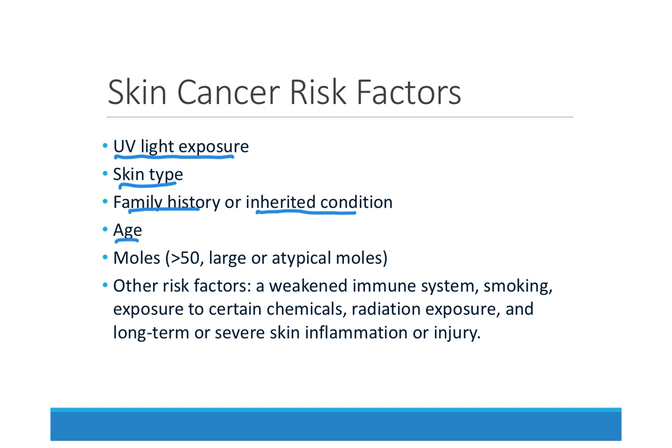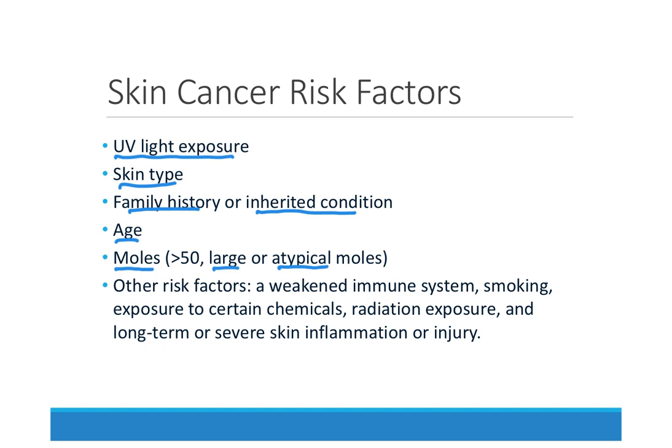The older you get, the more likely you are to have some kind of cancer just because your body is breaking down with age. So doctors have also found that people who have a lot of moles, more than 50, or moles that are larger than normal, or they don't have a regular roundish shape, they're atypical, also put you at slightly higher risk for skin cancer.